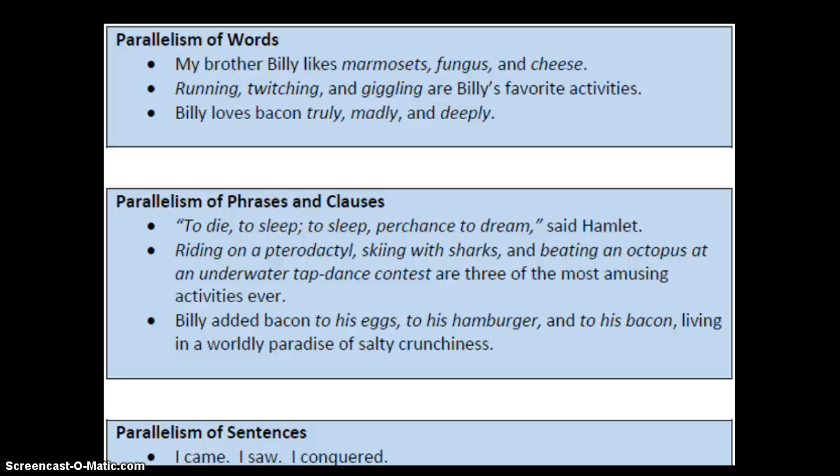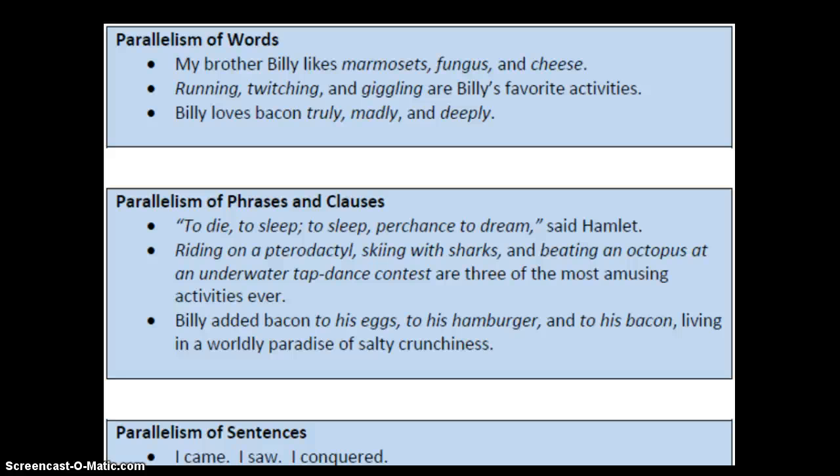Now, you can have different types of parallelism. For instance, our first category is having parallel words. For instance, running, twitching, and giggling are Billy's favorite activities. Running, twitching, and giggling are the three things that Billy likes to do. We can also have parallelism of phrases and clauses.